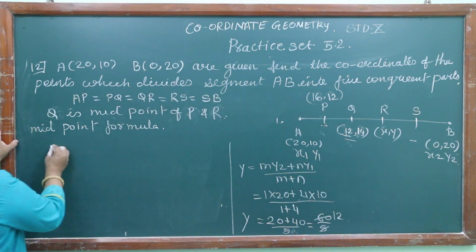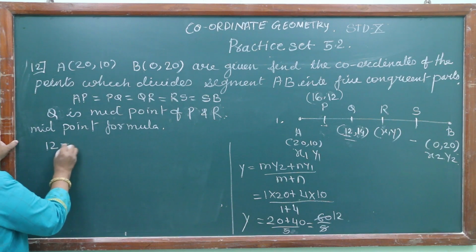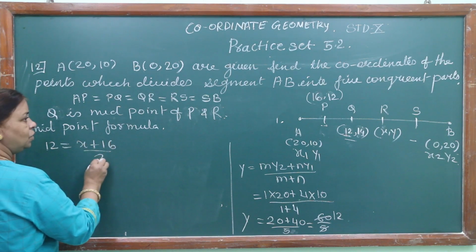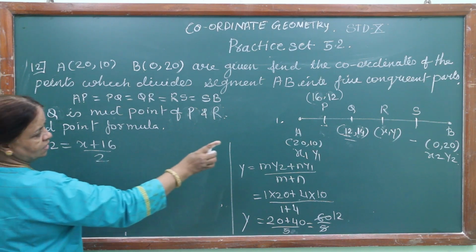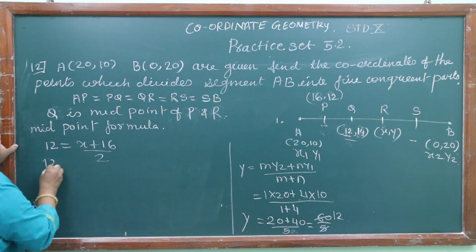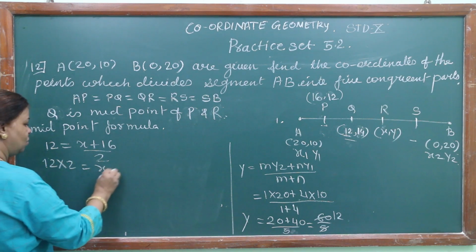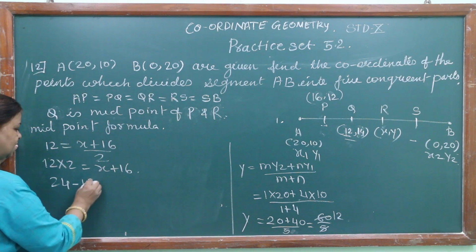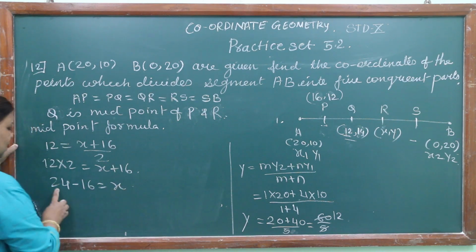See, 12 is equal to x plus 16 upon 2. 2 will go there. 12 into 2 is equal to x plus 16. 24 minus 16 is equal to x.